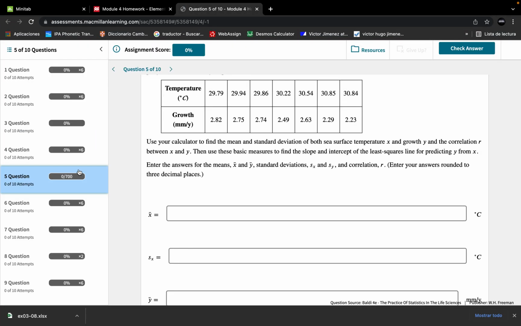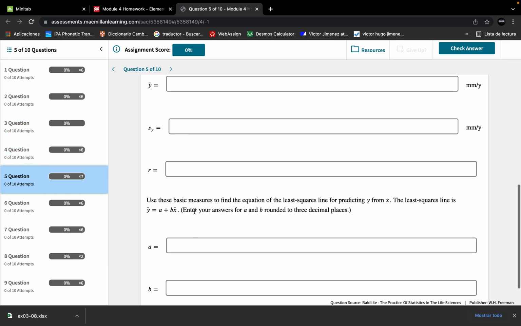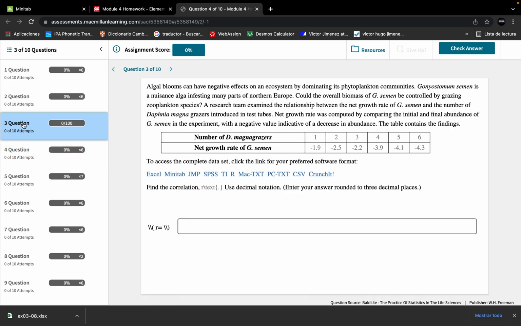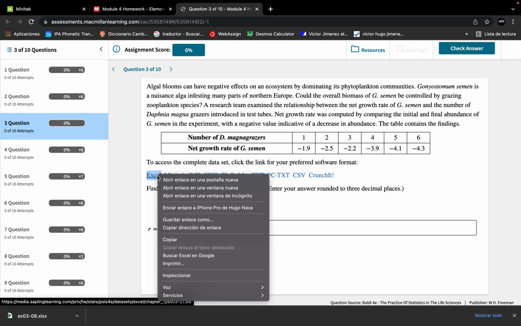I'm going to assignments. This is the one that I just did. In my randomization of the questions, this is my question number 3 out of 10, the algal blooms. So I need to download this. I'm going to download the worksheet from Excel.